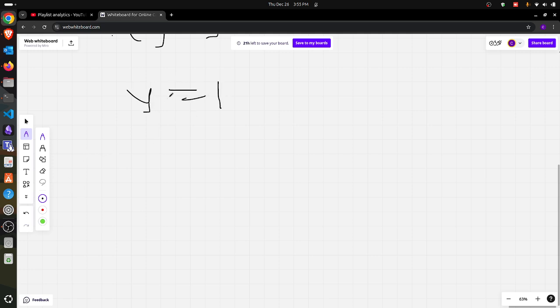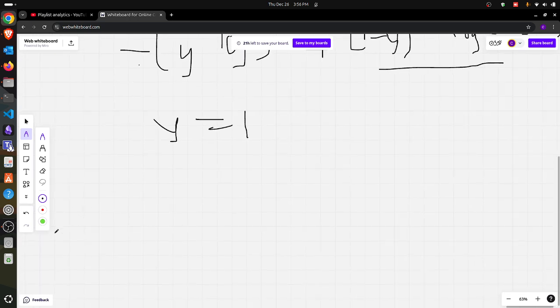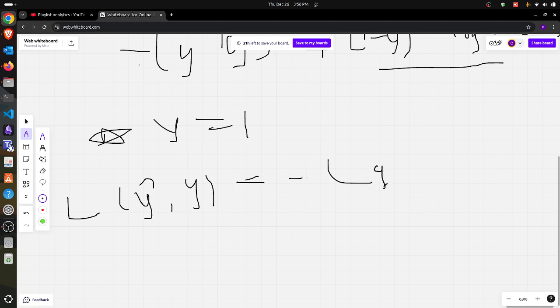If y is 1, then the second term is going to be 0, so we end up with L of y hat comma y equals negative log y hat. The second term is 0, so it doesn't mean anything.